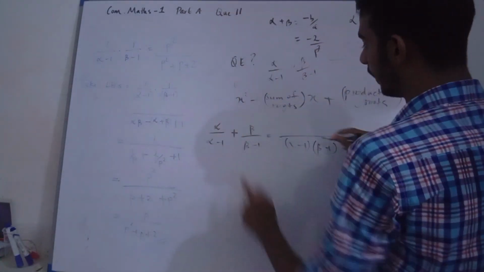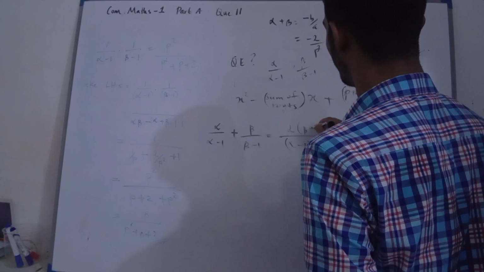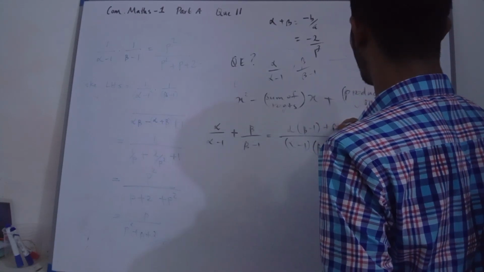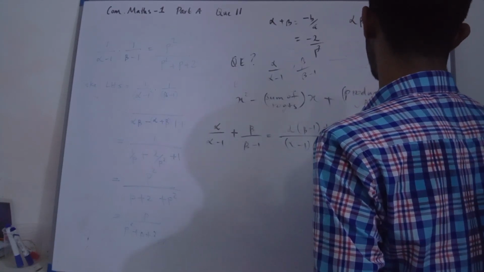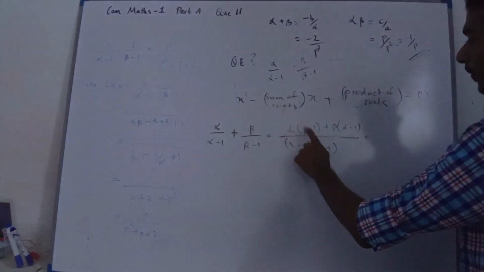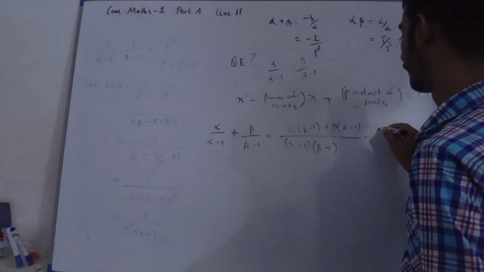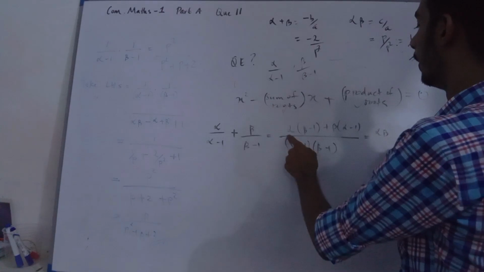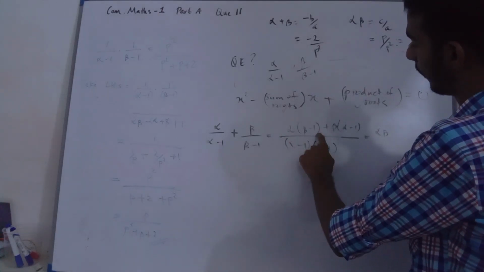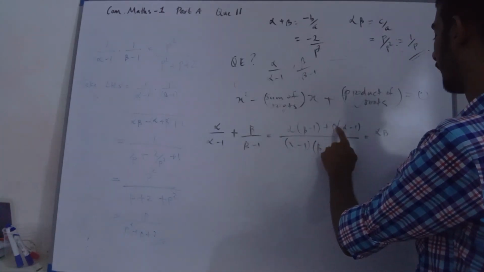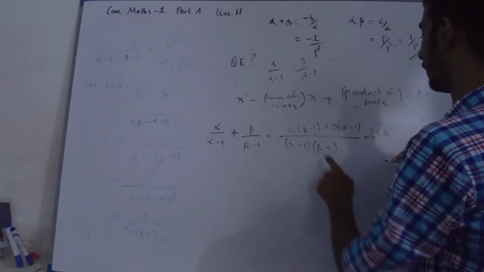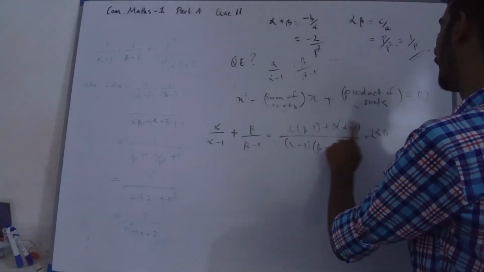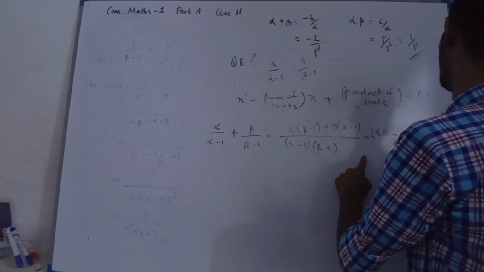Now alpha into beta minus 1 plus beta into alpha minus 1 will give me alpha beta minus alpha, again alpha beta, so we have 2 alpha beta minus alpha minus beta, so minus (alpha plus beta).